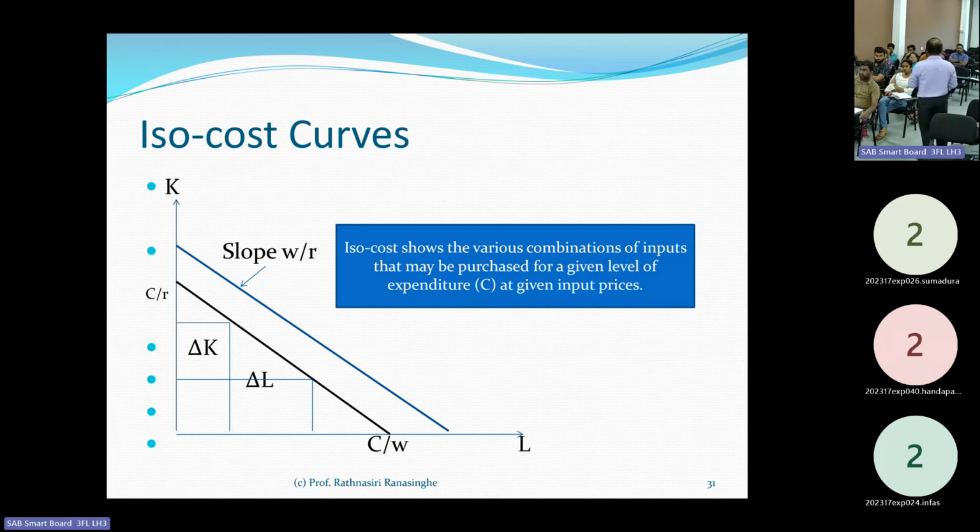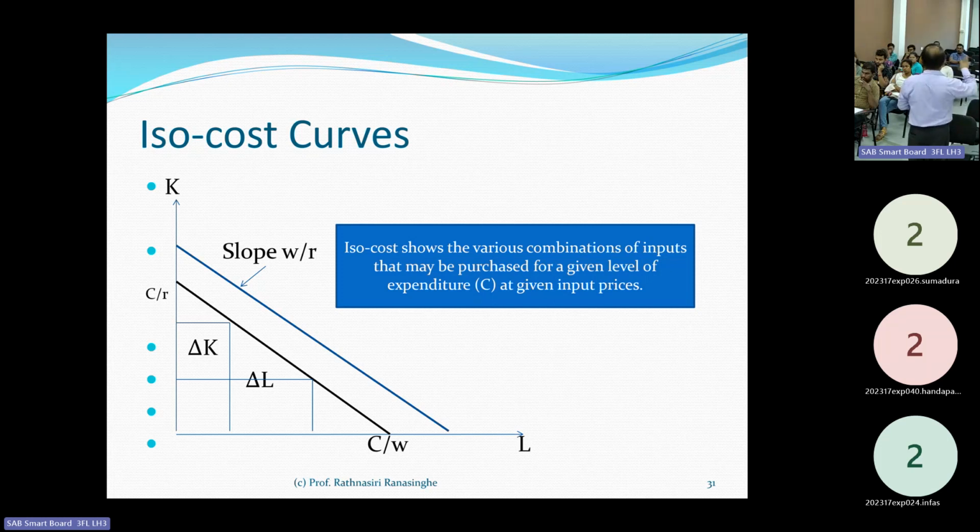In the same way, the producer also has resources. We need to acquire those resources by paying the reward for such factors. Basically, for labor you have to pay wages, and for capital you have to pay interest.